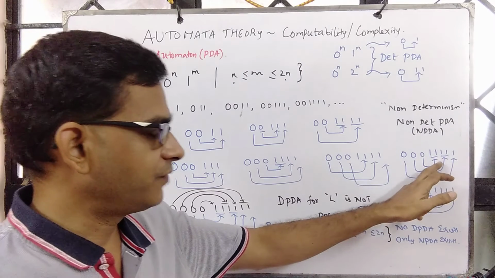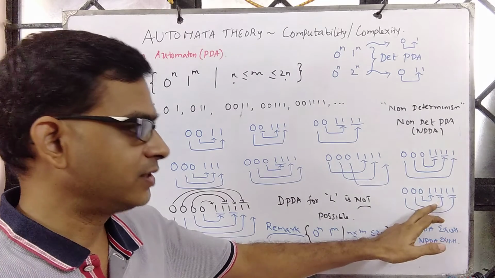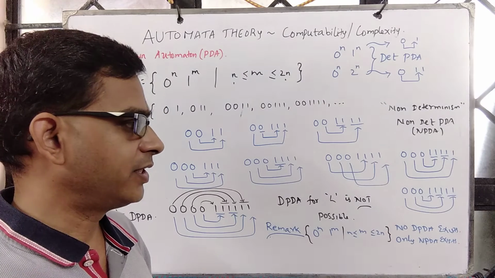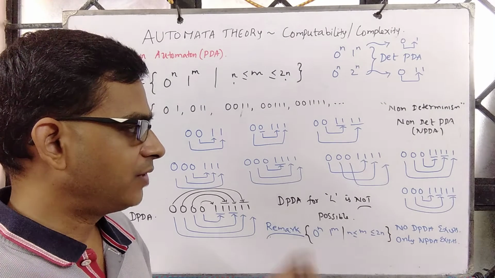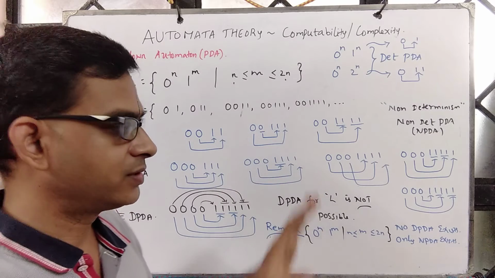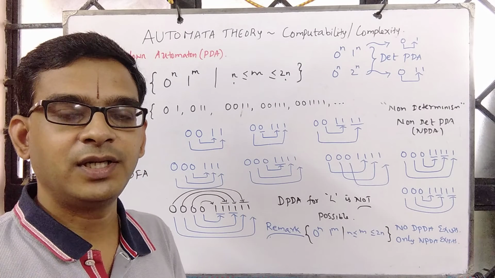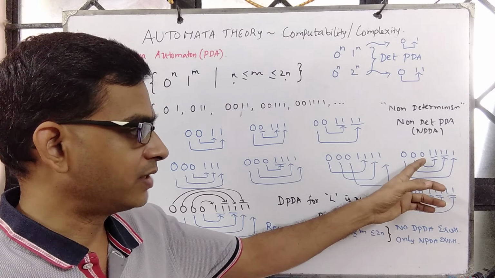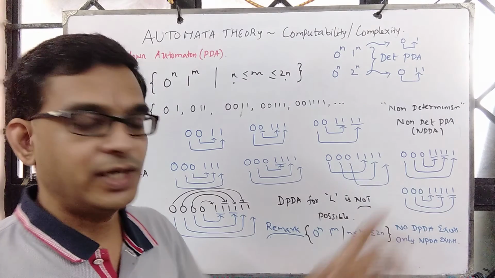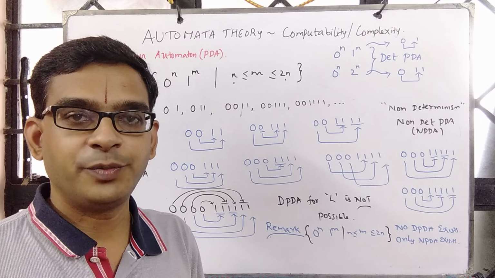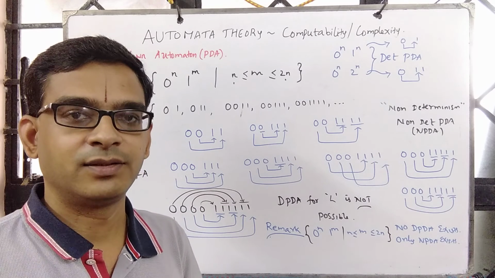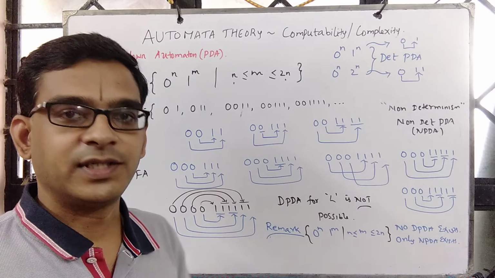Should I go for this configuration or should I go for this configuration? And so naturally that brings non-determinism. Now we will formally describe this using the transition function. There you see that delta of Q0 comma 0, you may go to more than one configuration for the next iteration. Fine, which we shall see next.